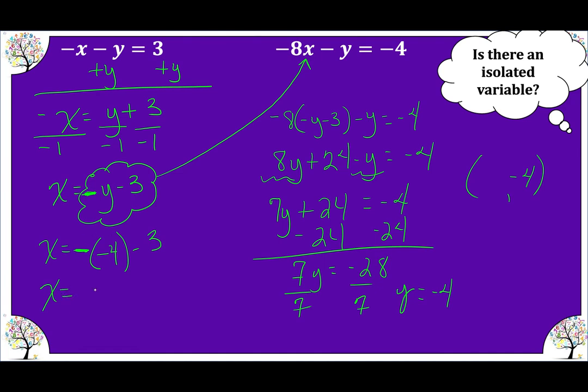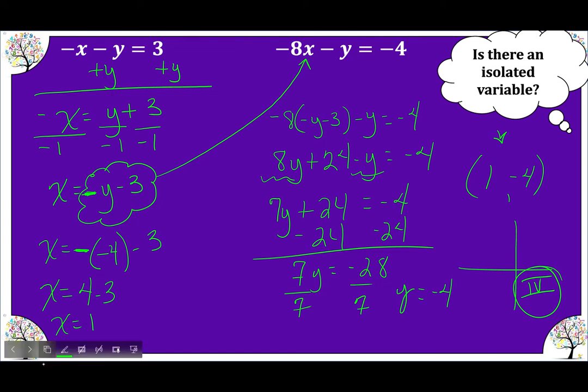Negative 1 times negative 4 is positive 4. And 4 minus 3 is 1. So our point of intersection is in quadrant 4. So this is the solution to this system. And I hope this helps.